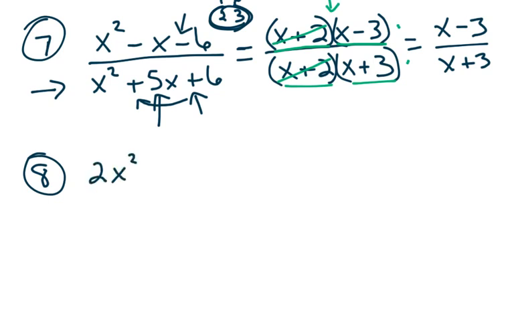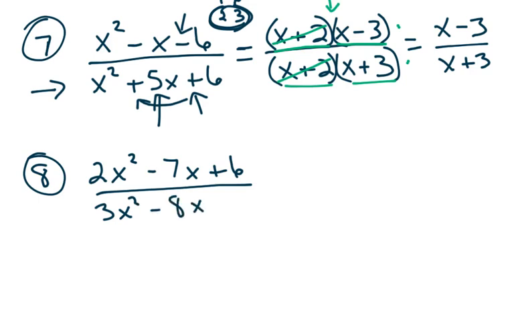Two x squared minus 7x plus 6 over 3x squared minus 8x plus 4. Okay, just to practice your factoring, I want you to hit pause. Factor the top trinomial and then factor the bottom trinomial, and then hit play again and compare to see if you got the same answer as me.